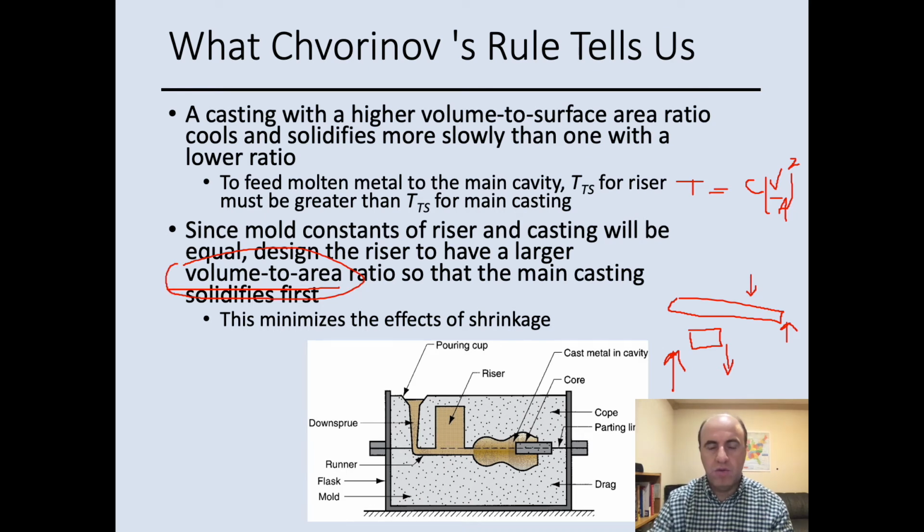With a lower value, it means the area should be small. If the volume stays the same, you should make this area smaller, like this example. Instead of having a long feature, make it a more compact feature. Then it minimizes the effects of shrinkage during the cooling process.